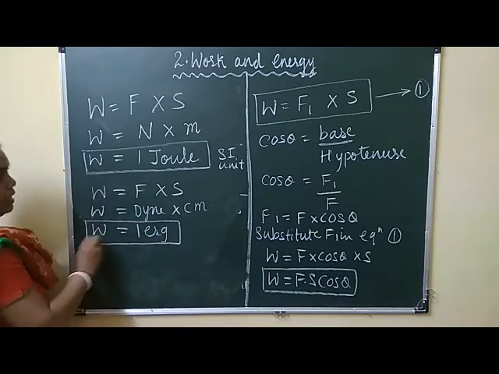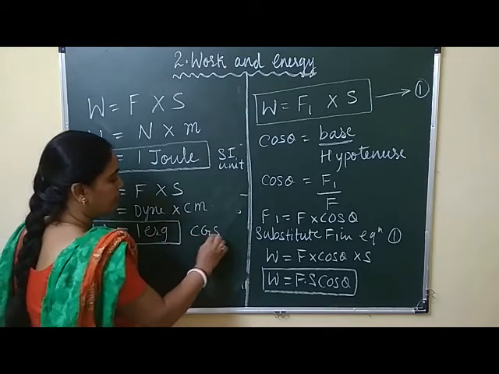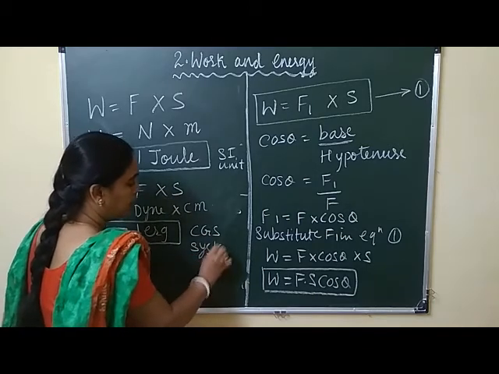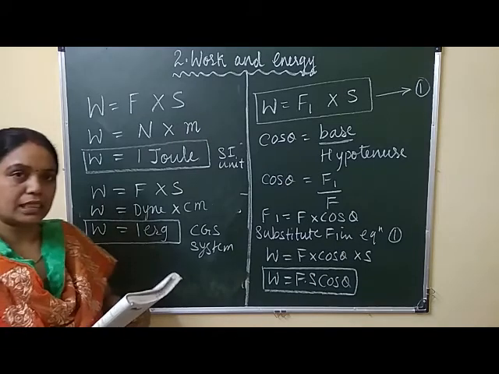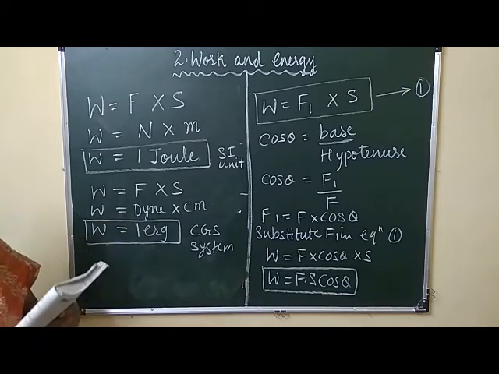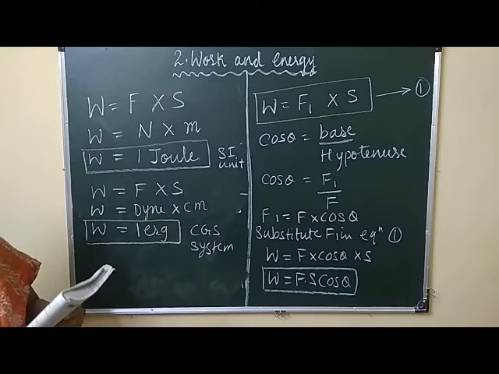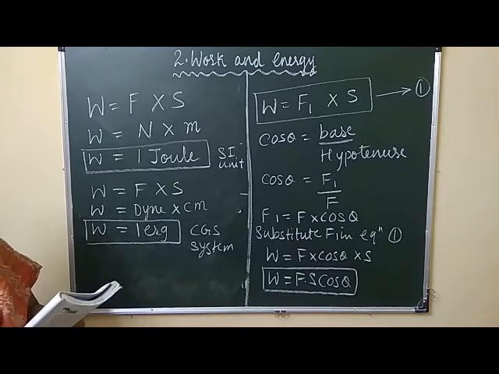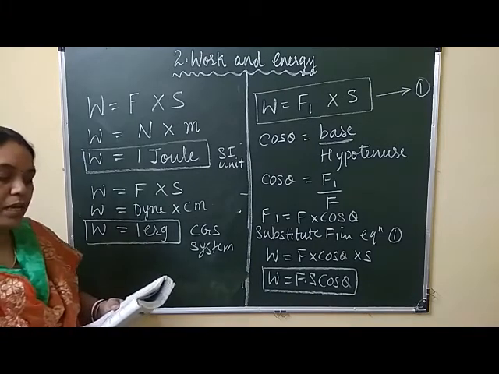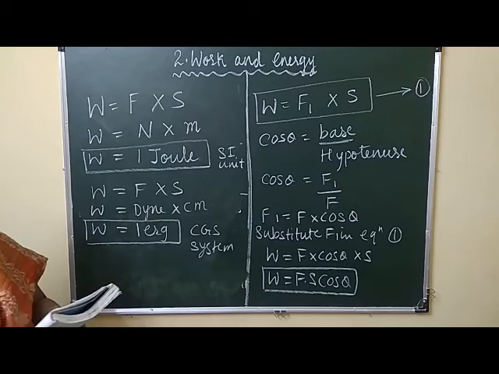This is in the CGS system. In your textbook, the definition of 1 erg is given, underline and tick mark. If a force of 1 dyne displaces an object through 1 centimeter in the direction of the force, the amount of work done is 1 erg.